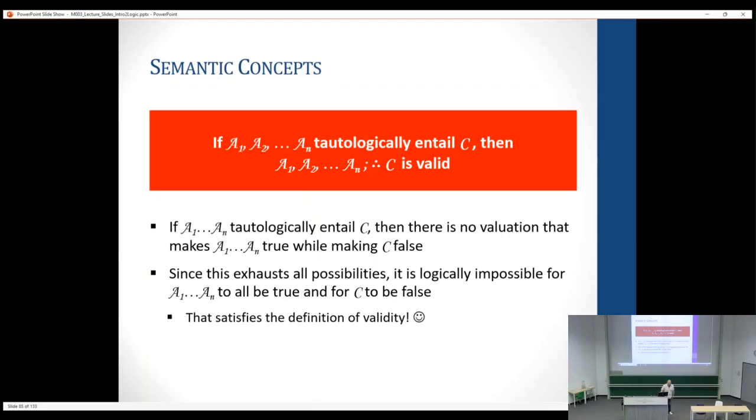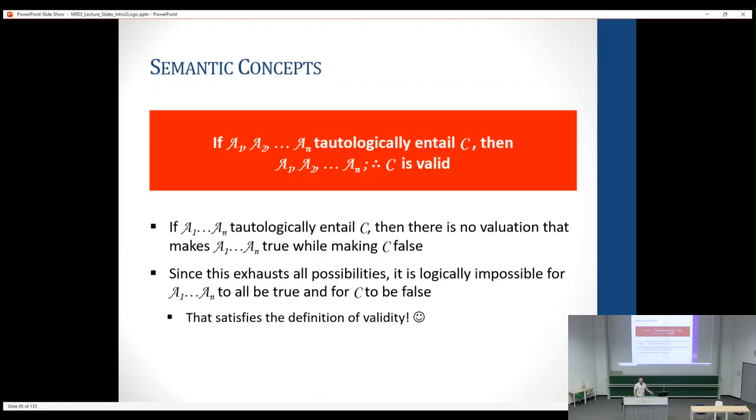So here's the big payoff. If A1 through AN tautologically entails C, then the argument A1 through AN, therefore C, is valid. And I should say that little three-dot symbol is just a way to indicate that the next sentence is the conclusion.